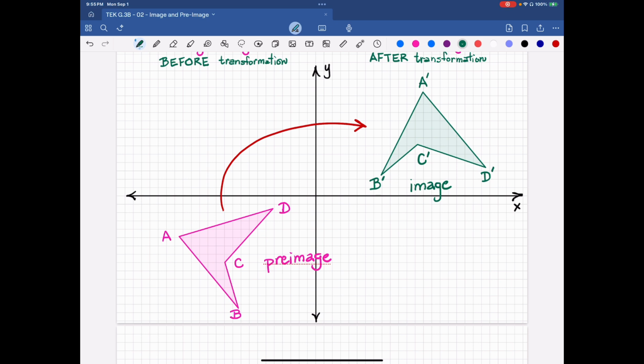The change that took place, the kind of transformations that happened, were 2. What we did was we translated the quadrilateral, and that was our first transformation. And then the second thing that we did to it was we rotated it.